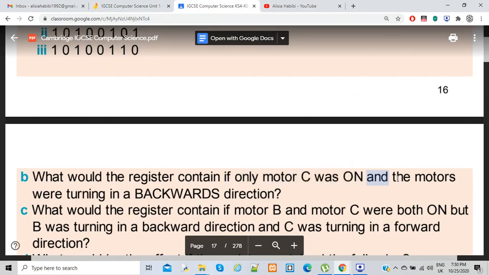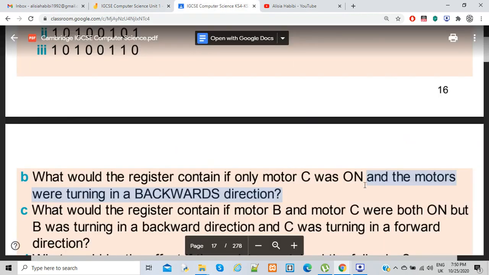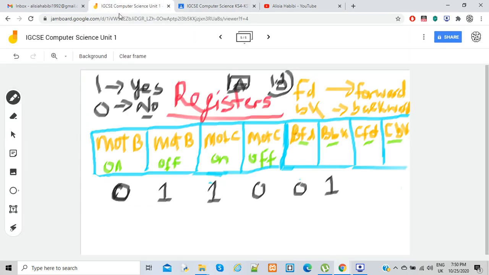They also said the motors were turning in a backwards direction. So B forward, we say no, it shouldn't be forward, so 0. B backward is yes, 1, because it's supposed to turn in a backwards direction. They didn't say just the motor, they said motors, so it's not just C, it should be B as well.